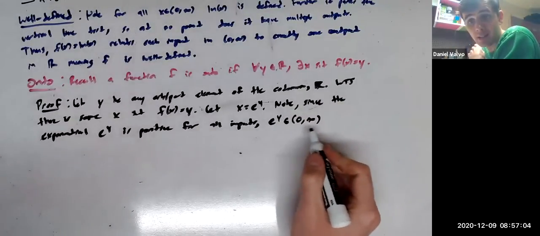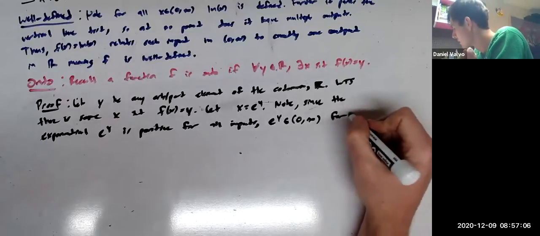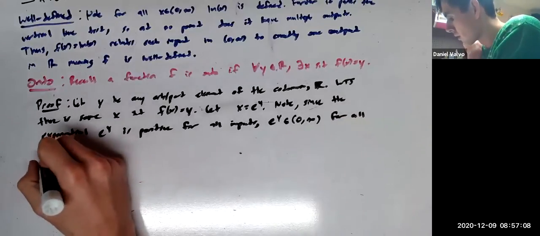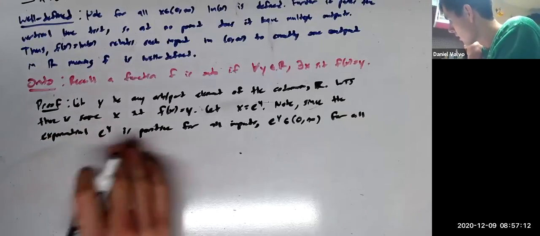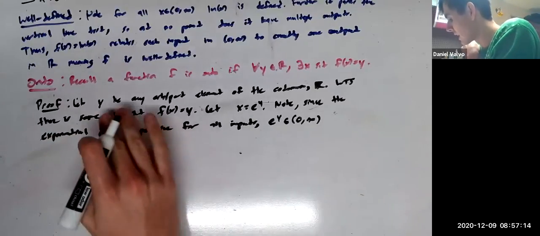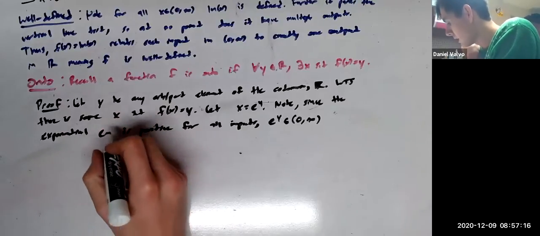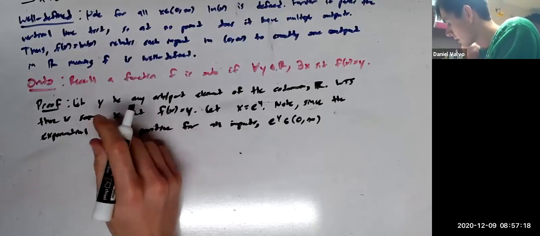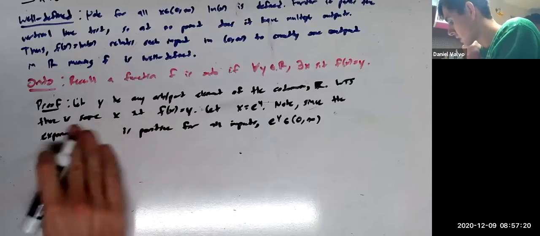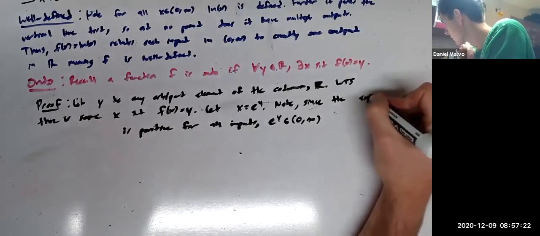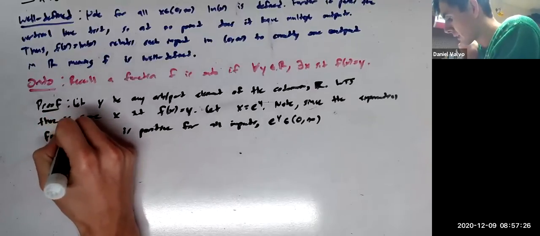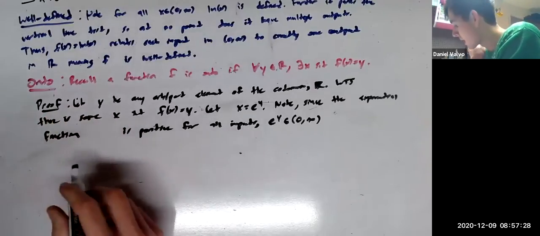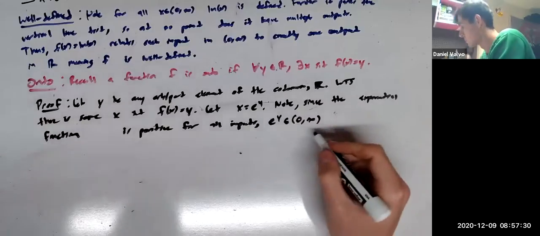This is R positive, the set of positive numbers, for any y. Notice the exponential function, being e raised to something, is positive for all inputs, so e to the y must be in here.